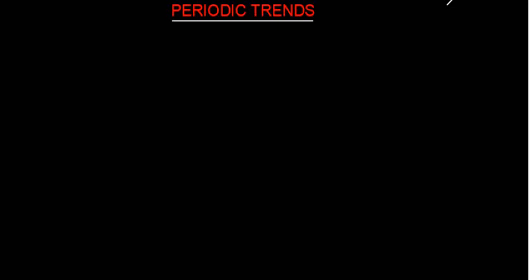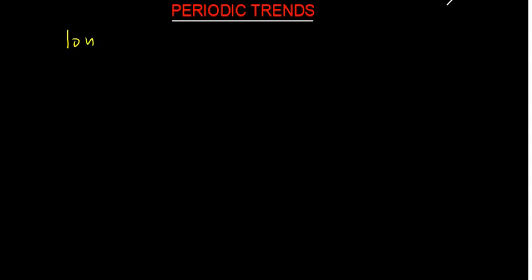So when we are talking about ionization energy, we are referring to the energy that should be absorbed by an atom in a gaseous phase or an ion in a gaseous phase in order to lose an electron.